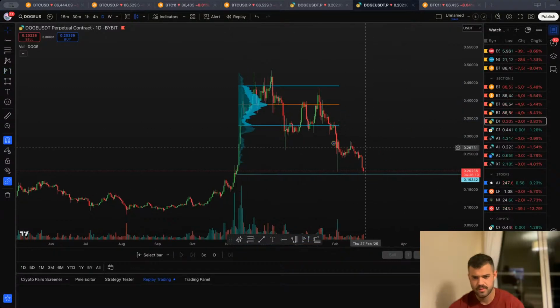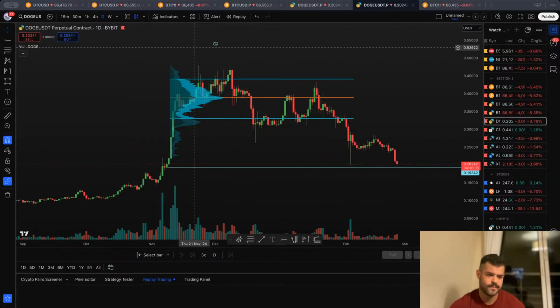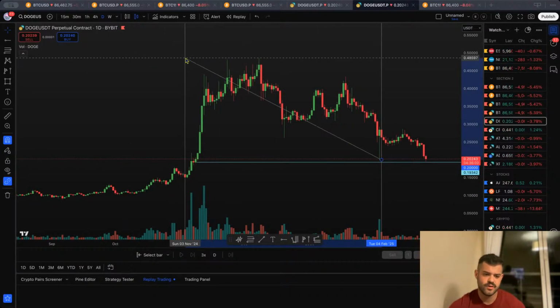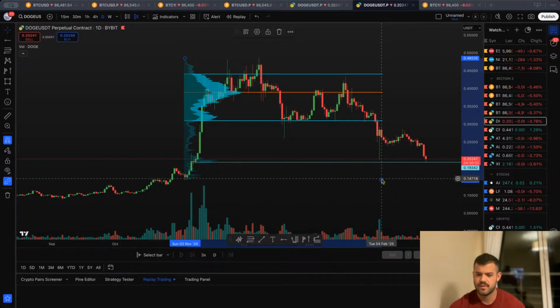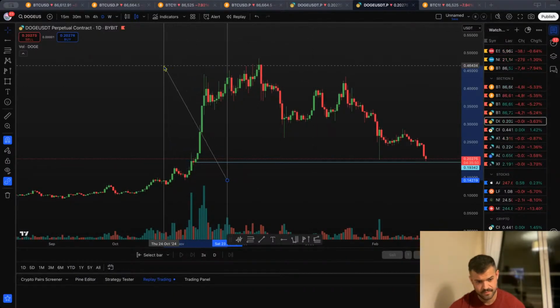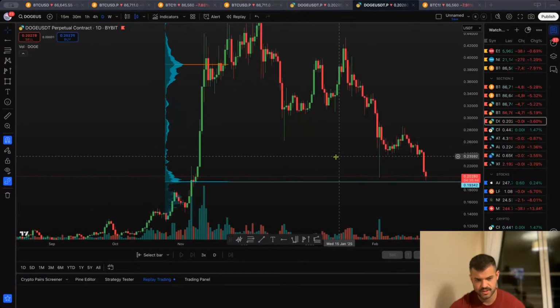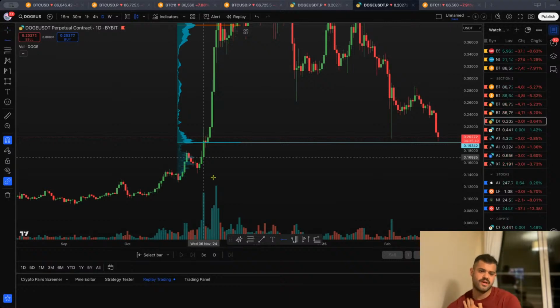So price lost the value area high of the uptrend, the value area low. No, take it back. Okay, so we have confluence, right? So we have a value area high, low here of the uptrend, and a value area high of the uptrend.